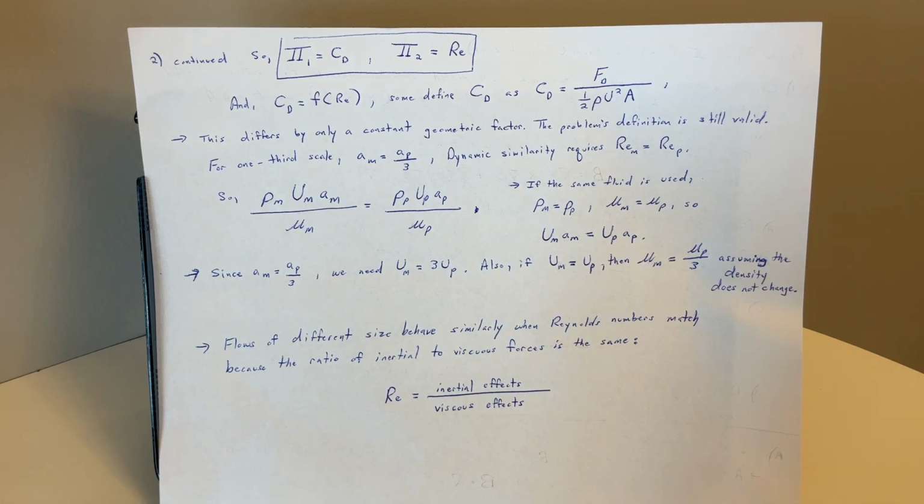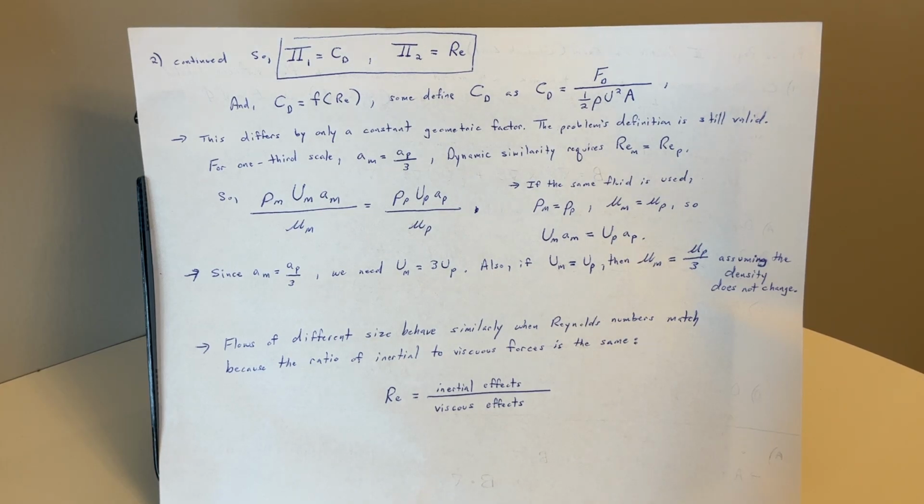Going back to part C, it says suppose a laboratory model sphere is constructed at 1/3 scale. Determine how the fluid viscosity or velocity must change to preserve dynamic similarity.